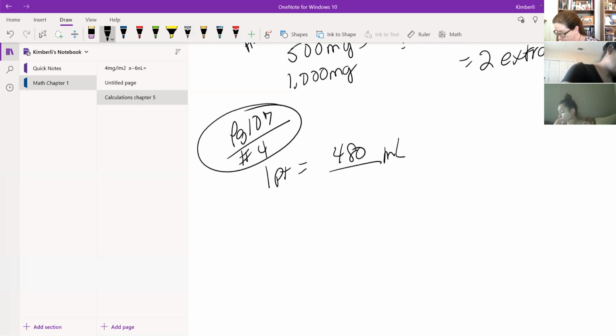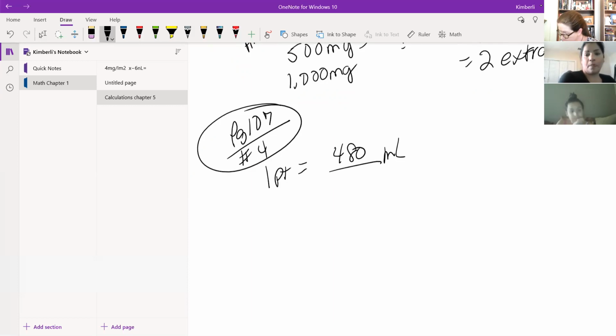Okay, so you can use either one. I don't care which one you use, but just realize that as we go farther on in the book, we're going to be using dimensional analysis, okay? Because it's going to be easier, otherwise we'd have to do like 4 different ratio and proportion equations, and we can set them all up with one equation using dimensional analysis.